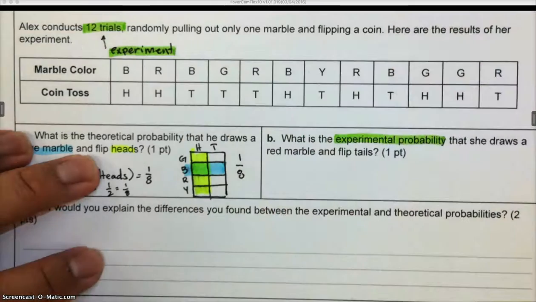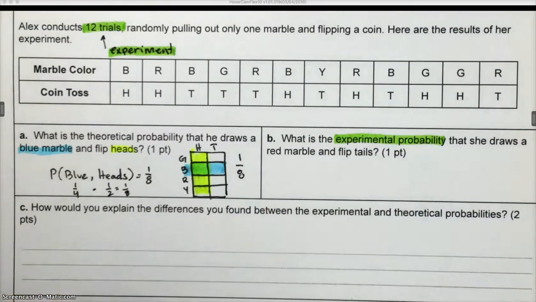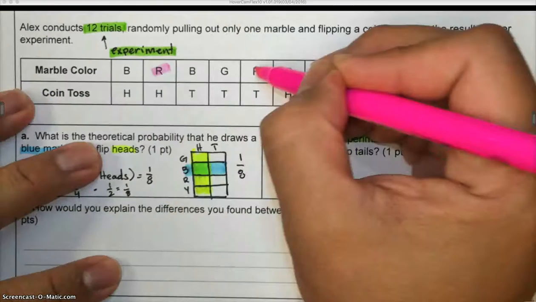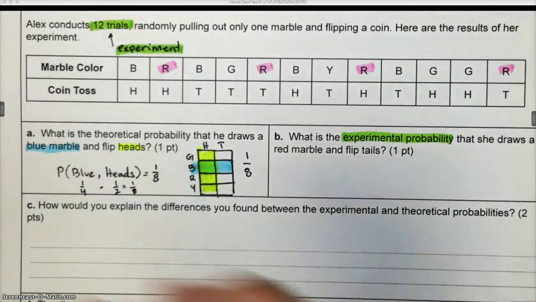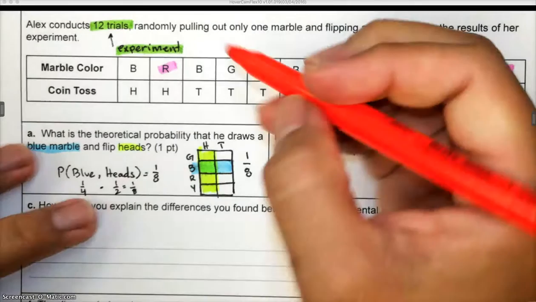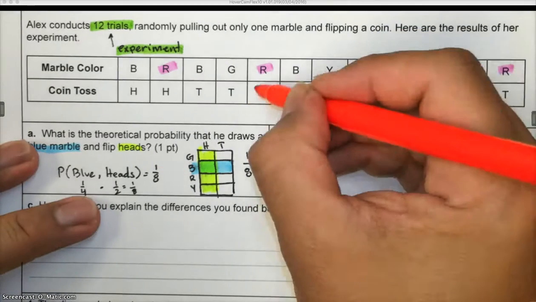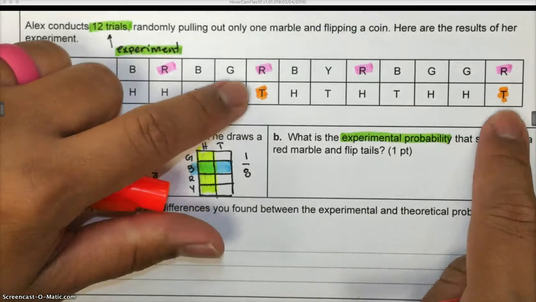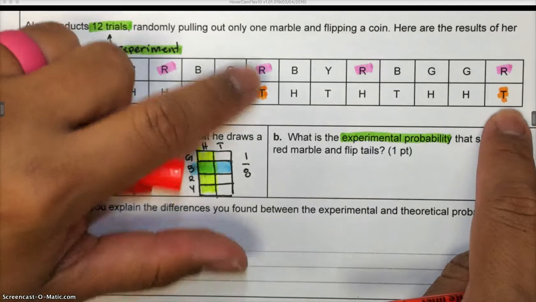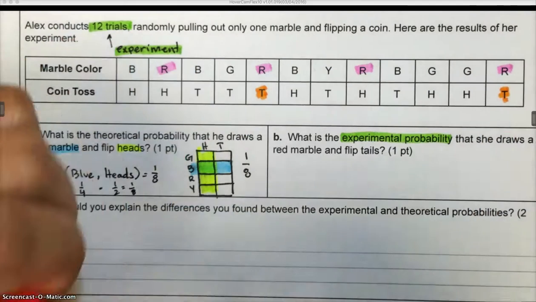So I'll highlight all my red marbles. Red marble, red marble, red marble, red marble, and then I'll go back again and highlight my tails. Well, every time I see an R, so R, tails, R, tails. The only time they show up for each one is they show up twice, 2 out of the 12.